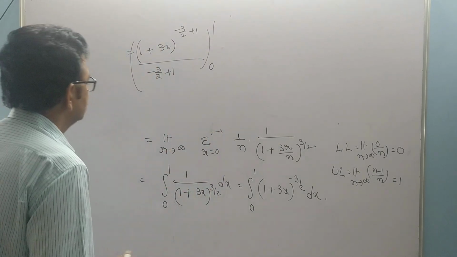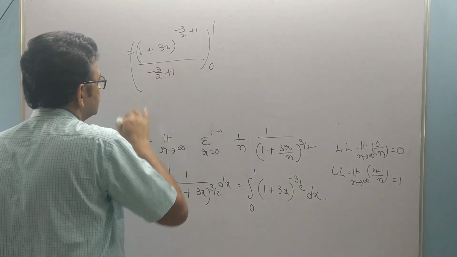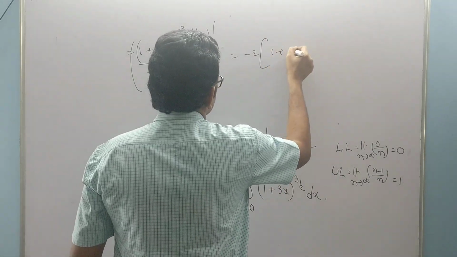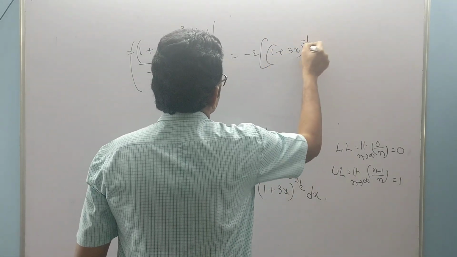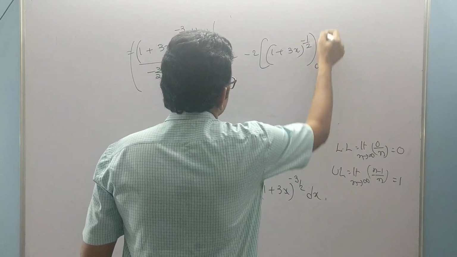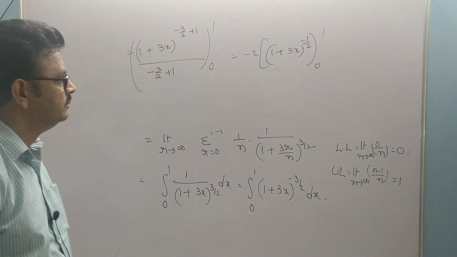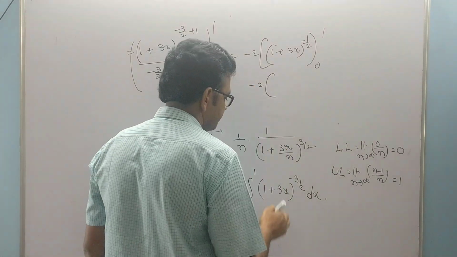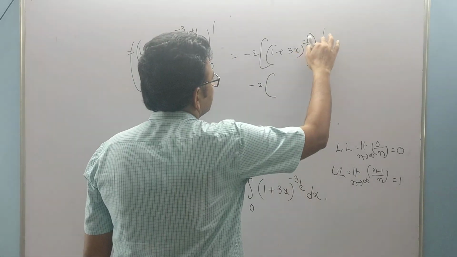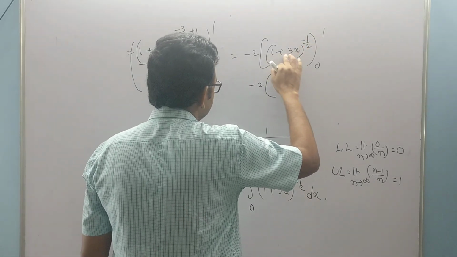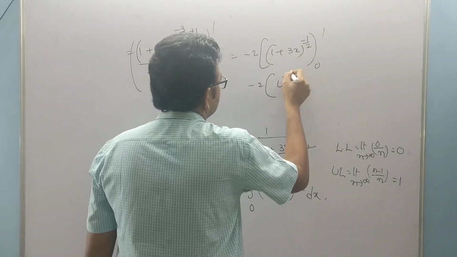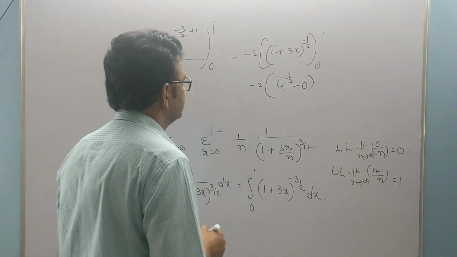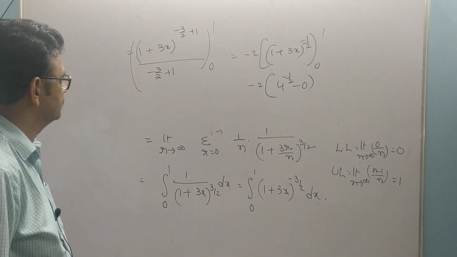So this is, minus 3 by 2 plus 2, that is minus 2 times (1 plus 3x) to the power minus 1 by 2, limits 0 to 1. If you apply the limits, minus 2, the upper limit is 1, so this is 4 to the power minus 1 by 2, minus the lower limit 0.